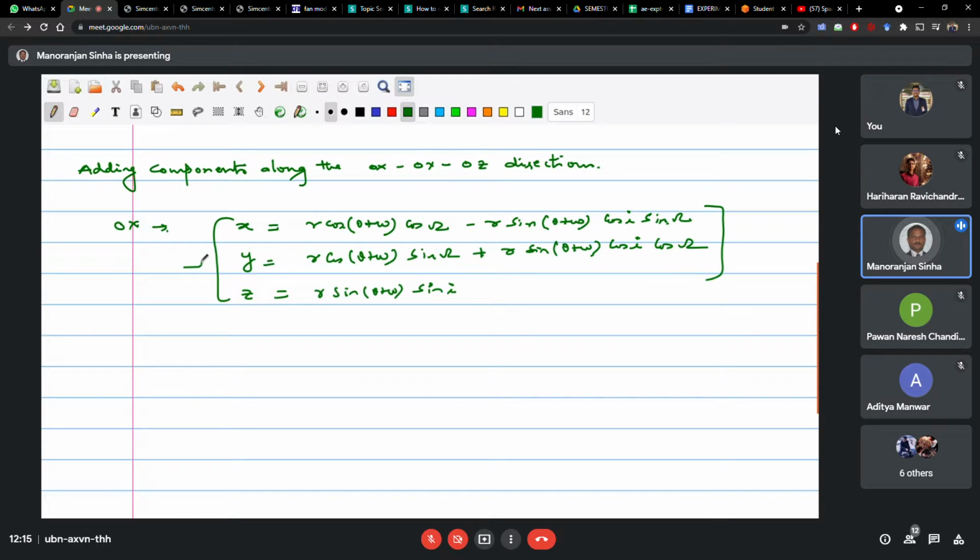So these are the coordinates of this satellite in the initial reference frame.